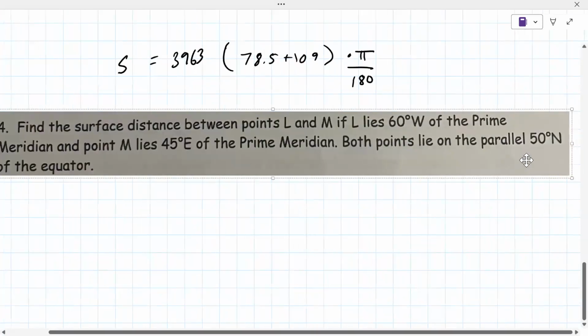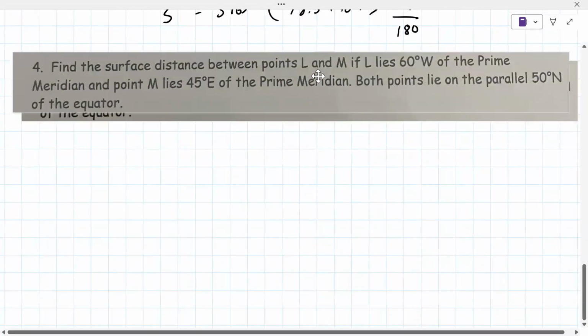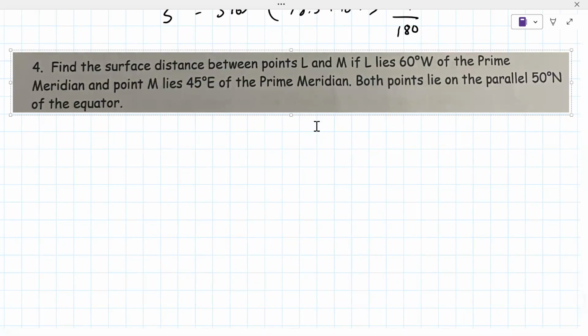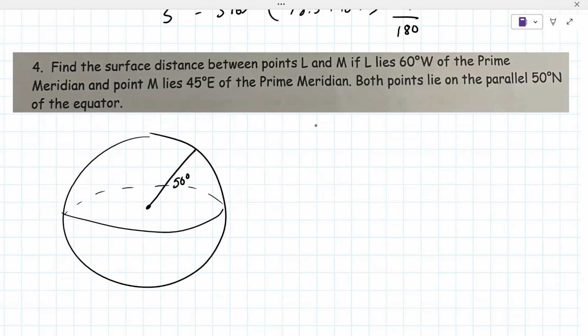Find the surface distance between points L and M. If L lies 60 degrees west of the meridian and point M lies 45 degrees east of the meridian, both points lie on the parallel 50 degrees north of the equator. So again, we're going to draw our Earth. Right from the center of the Earth, 50 degrees up like that is this meridian thing.